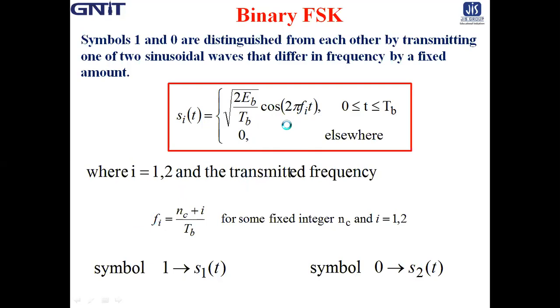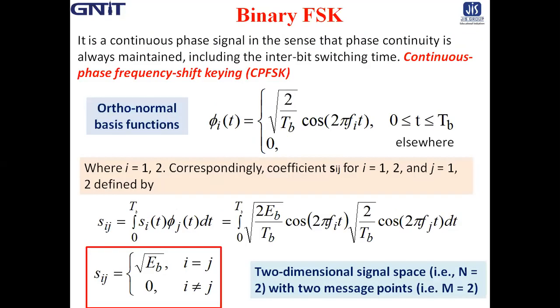Now, it is a continuous phase signal in the sense that phase continuity is always maintained, including the inter-bit switching times. This form of digital modulation is an example of continuous phase frequency shift keying, CPFSK.